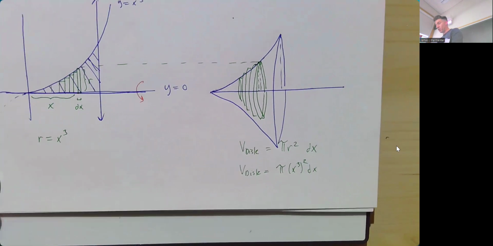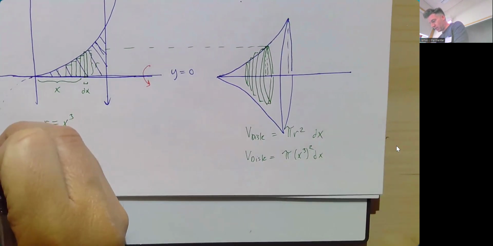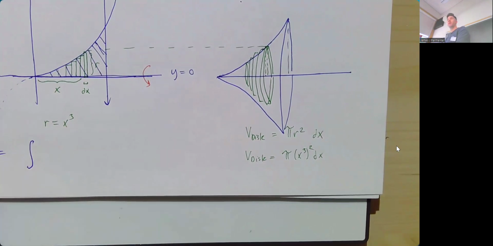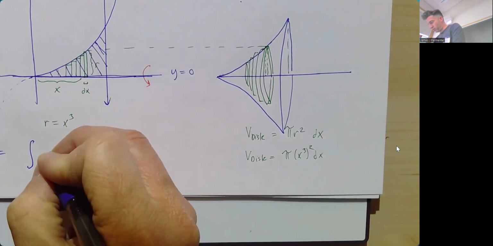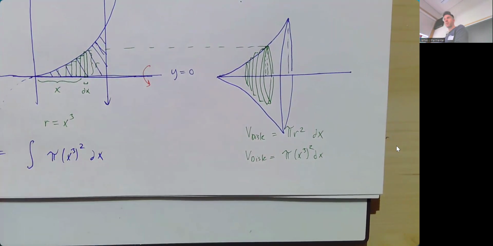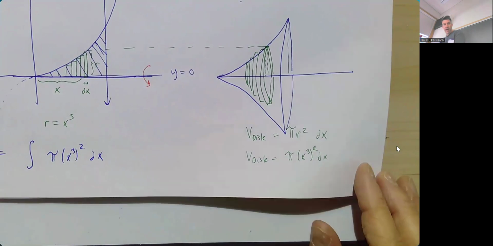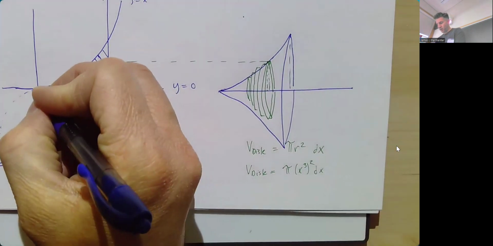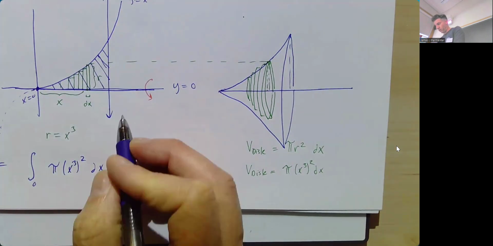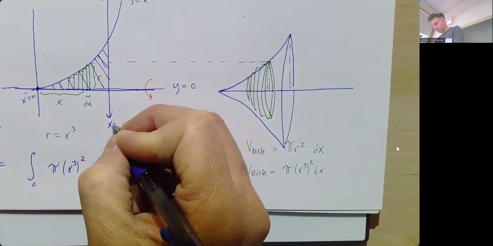So the way we're going to find the total volume is we're going to quote unquote add up all of the volumes from as far left as x equals 0, because that's as far left as this shape goes, to as far right as x equals 2.